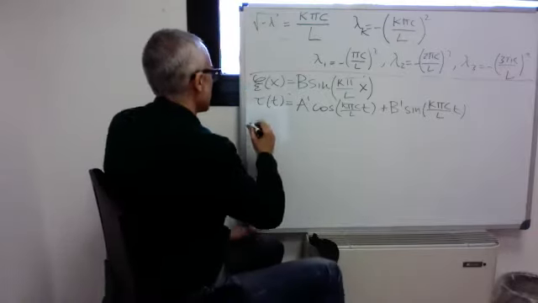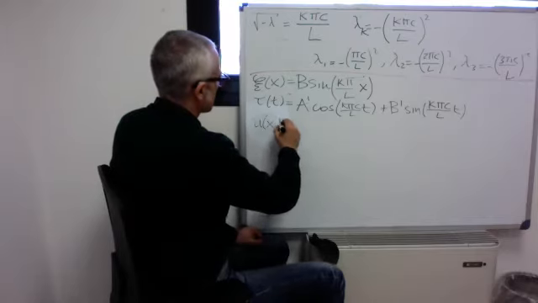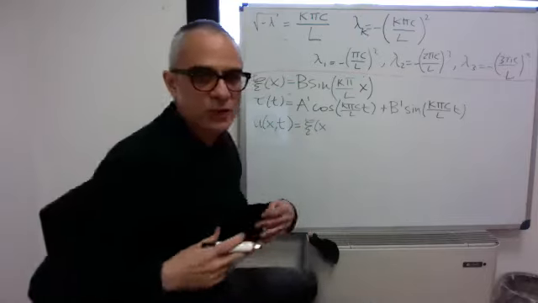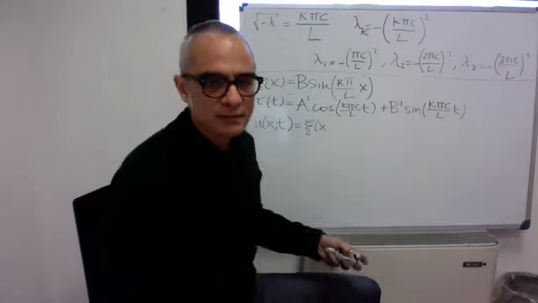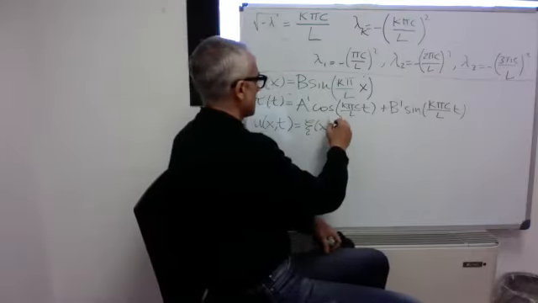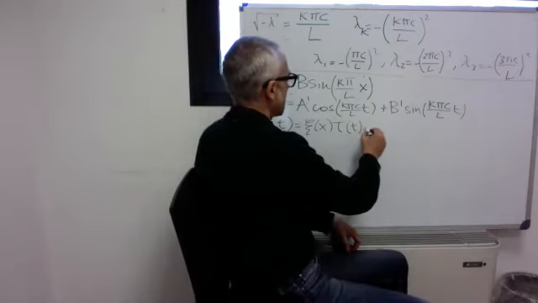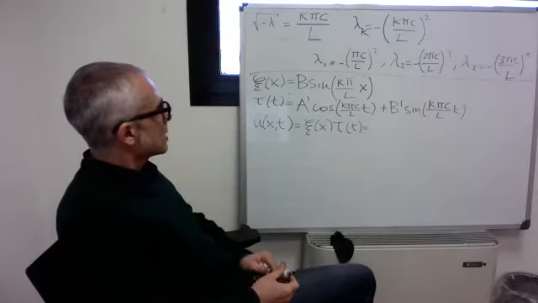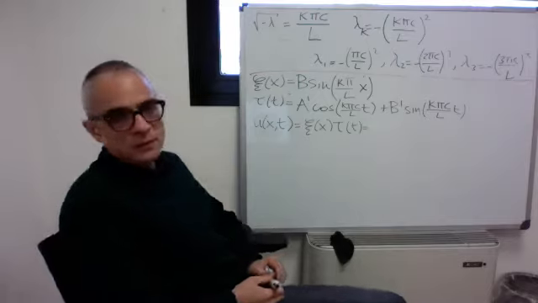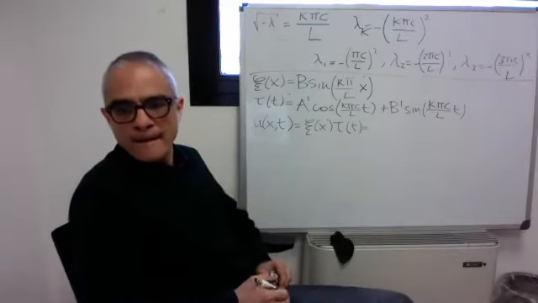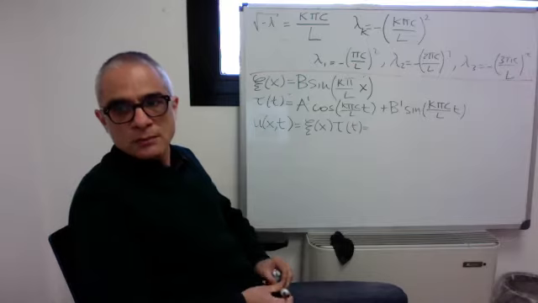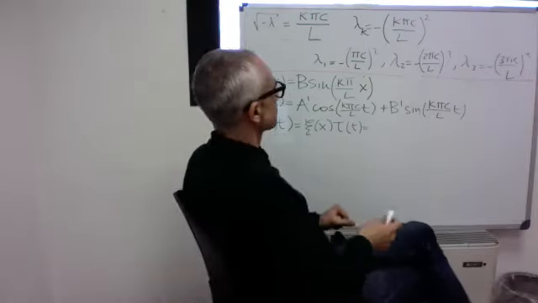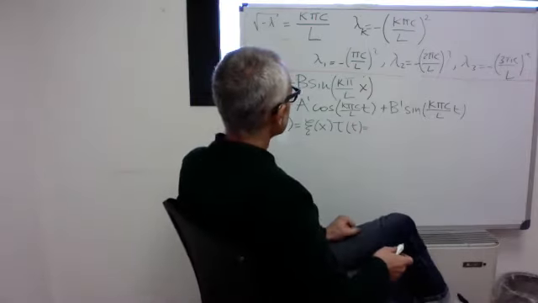Well, relatively easy. Now, displacement on the string, the way we've addressed the problem, has got to be the product of psi and tau. So let's just write it down. The general form for the solution must be the product of these two guys.